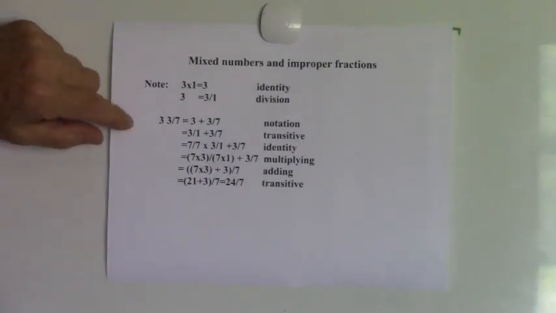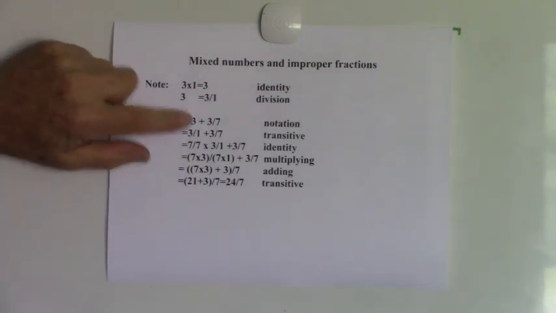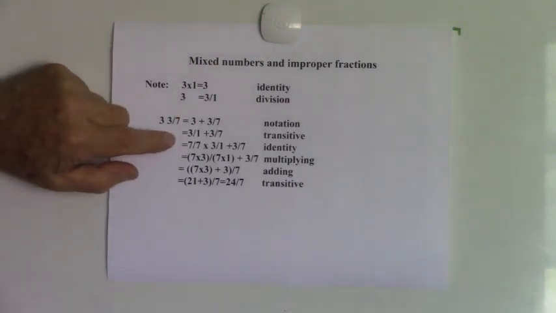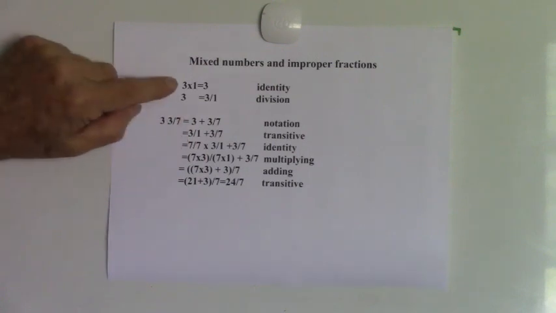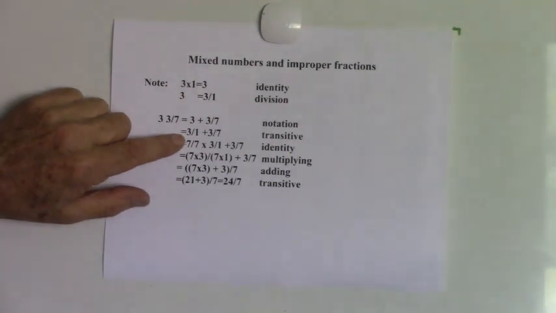Okay, so what happens if we get something like 3 3/7? Okay, 3 3/7 really means 3 plus 3/7, number structure-wise. Okay, and so we know that 3 can be replaced by 3 over 1 because we looked up here, if 3 times 1 is 3, then by division, or reverse multiplication, 3 must be equal to 3 divided by 1. Okay, doing that, we now have to get the denominators the same to add them.